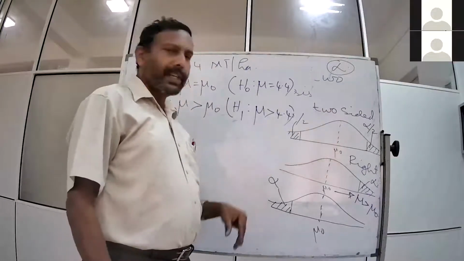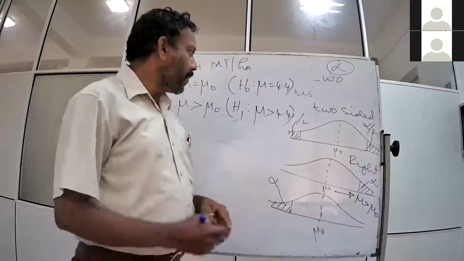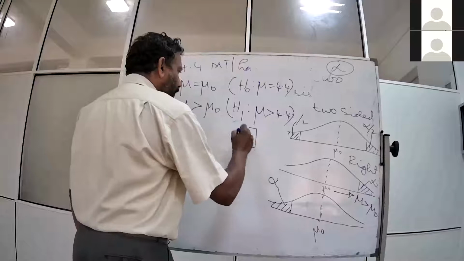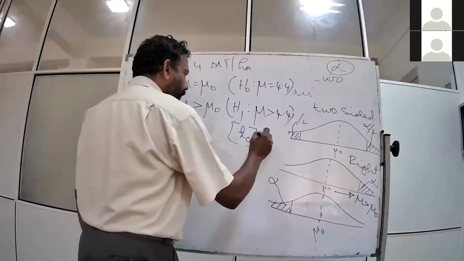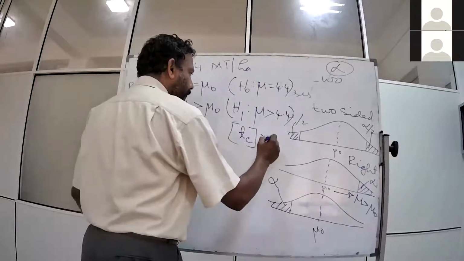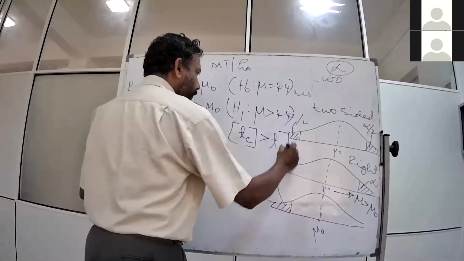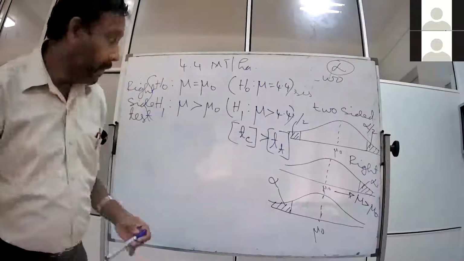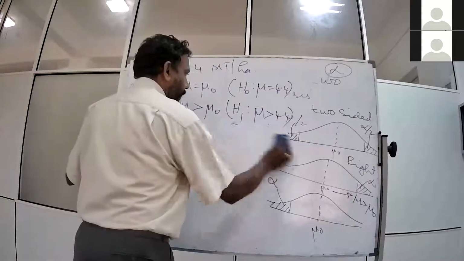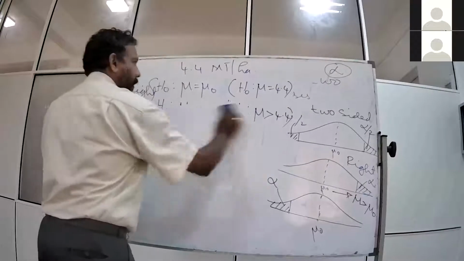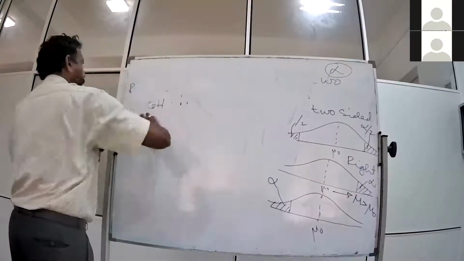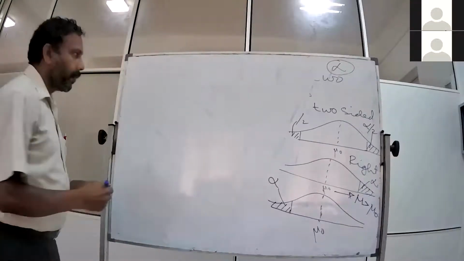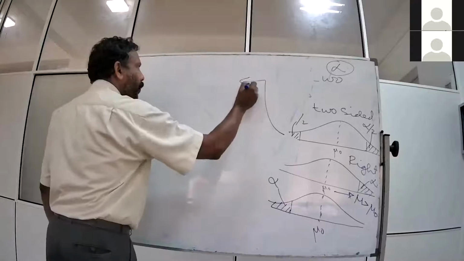In the T distribution, this is for two-sided.